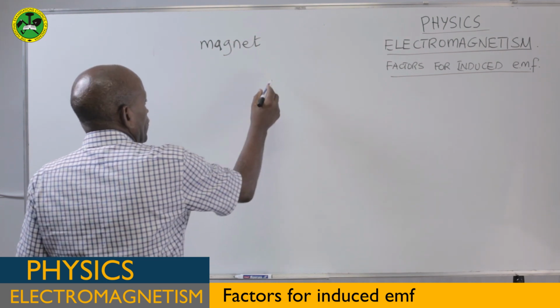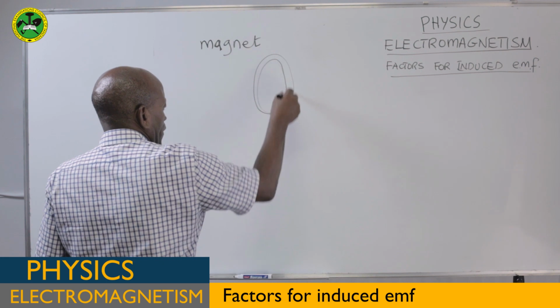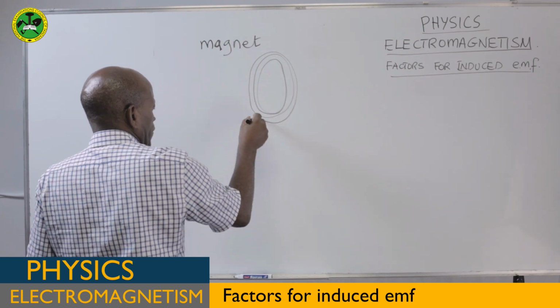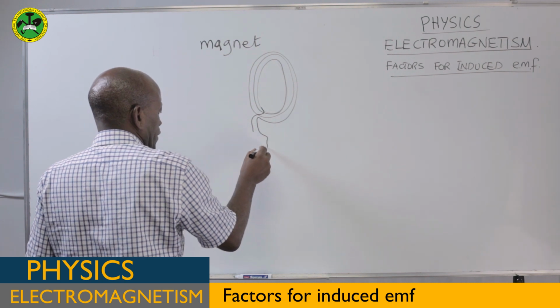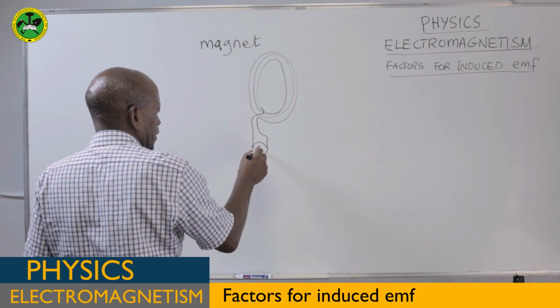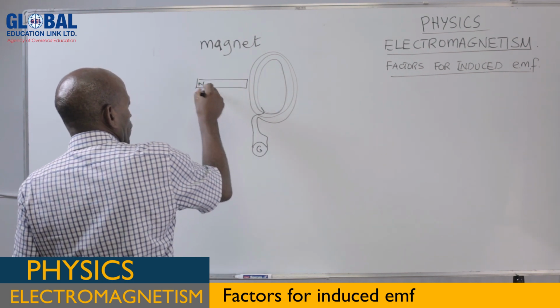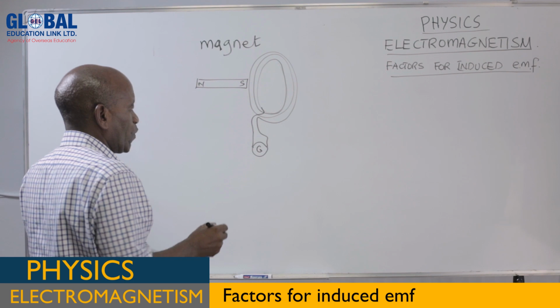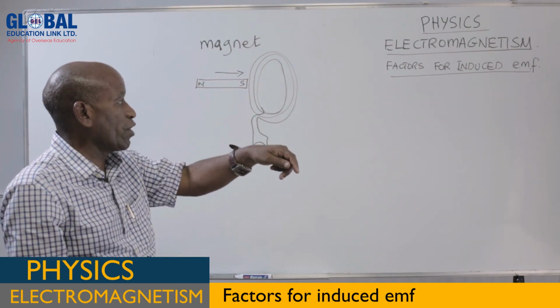For example, let this be a coil of a certain number of turns, joined to a sensitive galvanometer G, and a magnet with a north pole and a south pole is moved towards the coil.